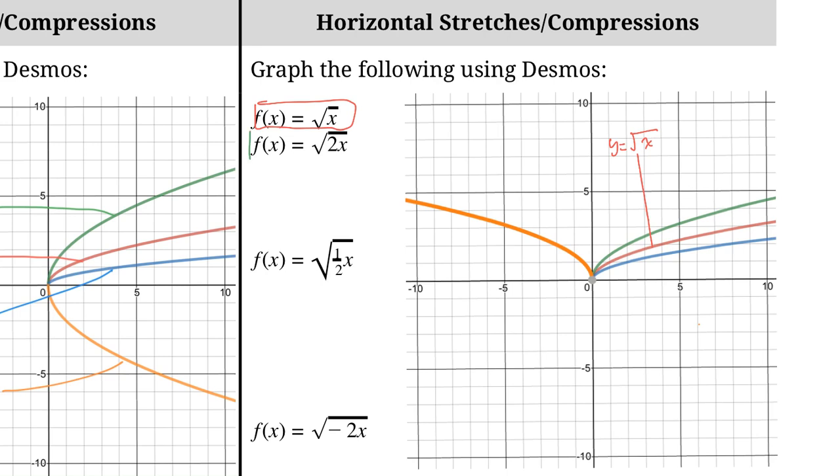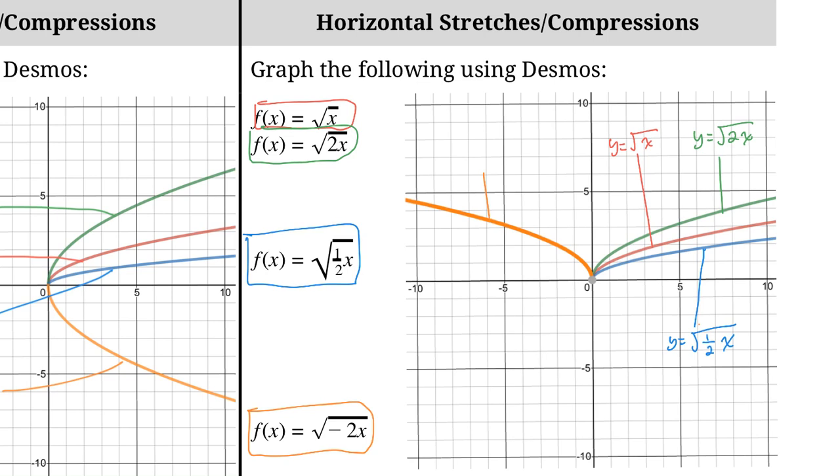And our green function is y equals square root of 2x. Our blue function is y equals the square root of 1 over 2x. And our orange function on the left is y equals the square root of -2x.